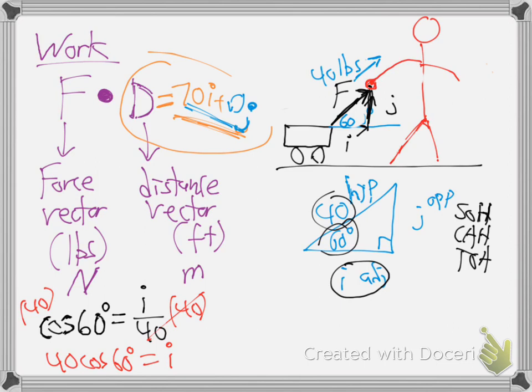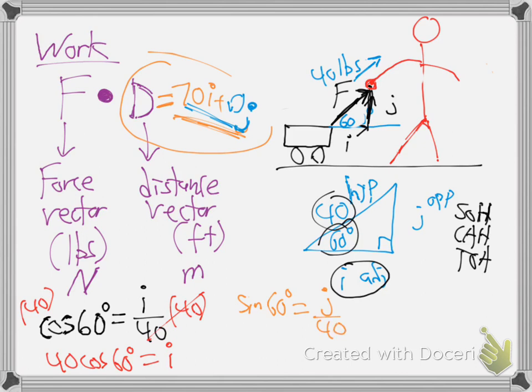How do I find the J component? Sine? Yeah, because that's opposite over hypotenuse, huh? The J is opposite the 60-degree angle. So if I do sine of 60 degrees, that'll be opposite J over the hypotenuse of 40.